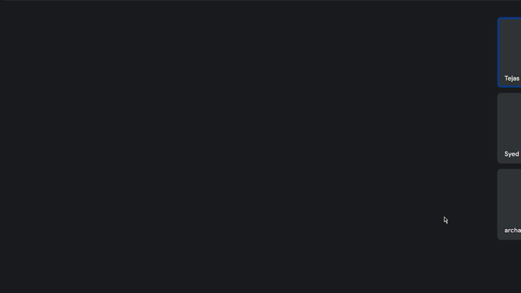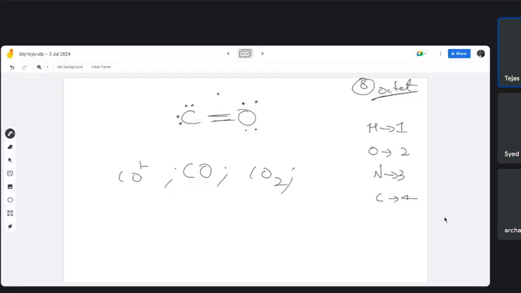If you haven't copied the CO2, copy that. Yeah. This is the most important thing. Again, write it, no problem. Okay. These are the basic ideas of Lewis structure.